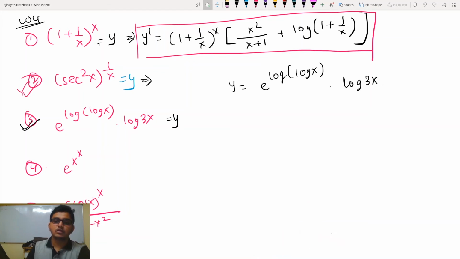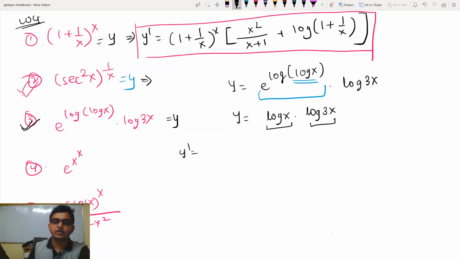If we look from that perspective in this question, we have f of x as log of x. So we can directly say that this example is log of x times log of 3x. Now you can use the product rule, where this is u and this is v.